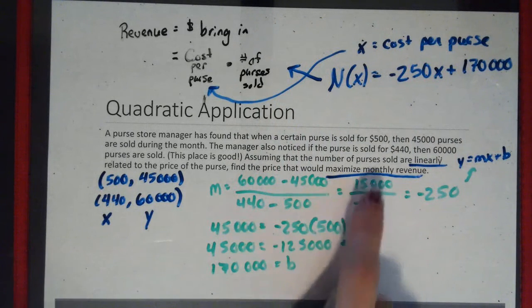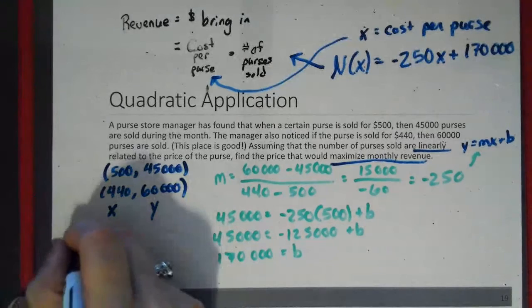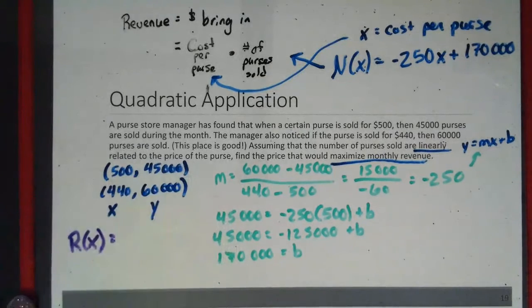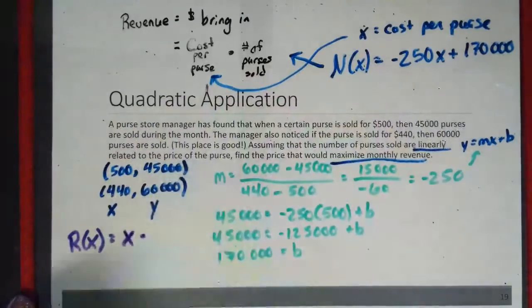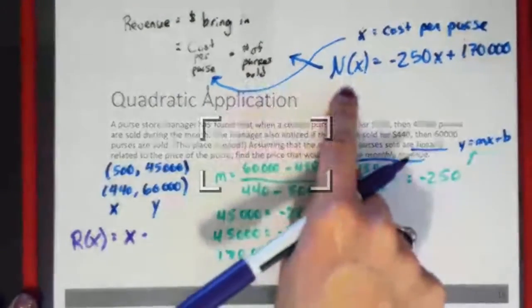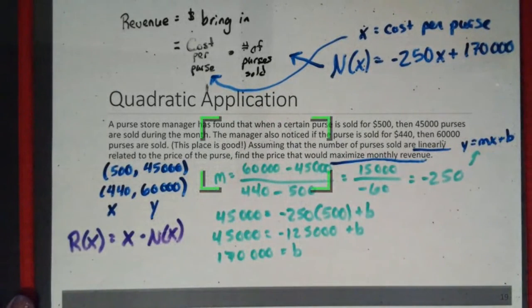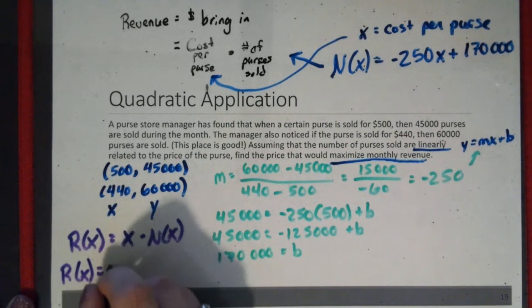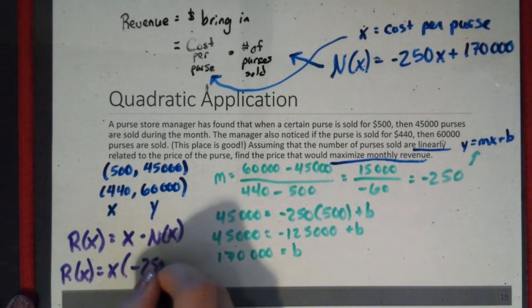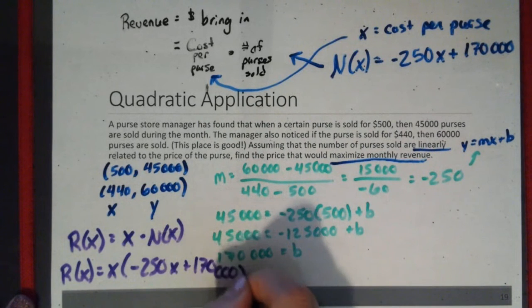That's great, but we're still trying to maximize the monthly revenue. Revenue, I'll use R of X, is equal to the cost per purse, which we said is X, times the number of purses sold, which is N of X. So I need to multiply X times N of X. So our revenue is equal to X times negative 250X plus 170,000.